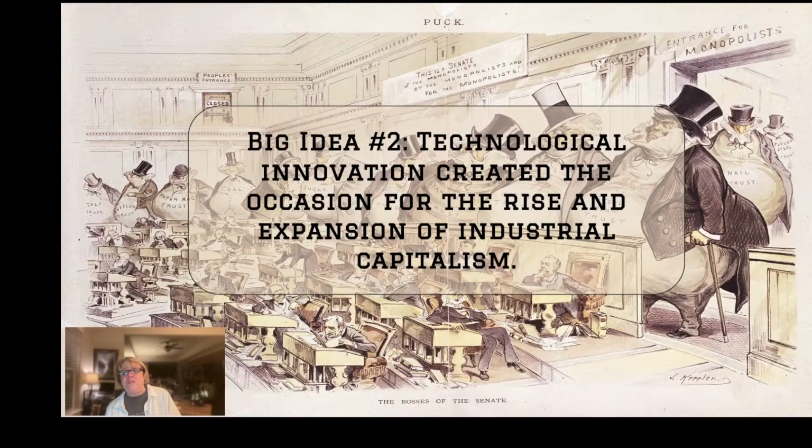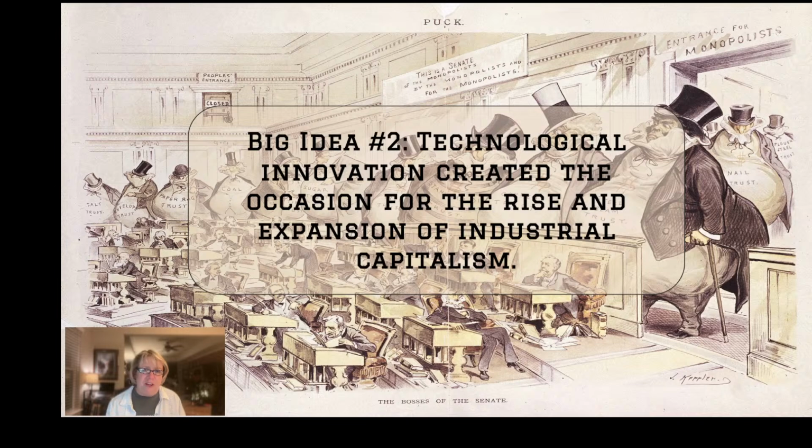Big idea number 2 says technological innovation created the occasion for the rise and expansion of industrial capitalism. Technology, we're going through a second industrial revolution, and technology is booming.